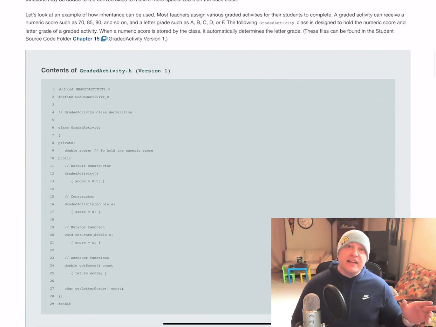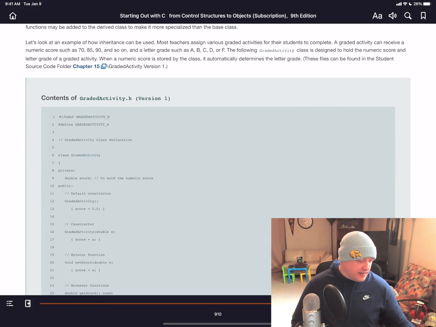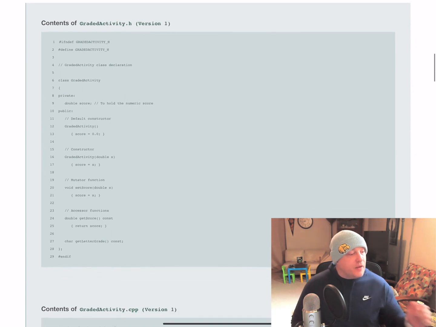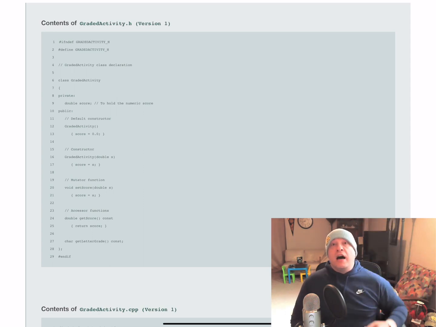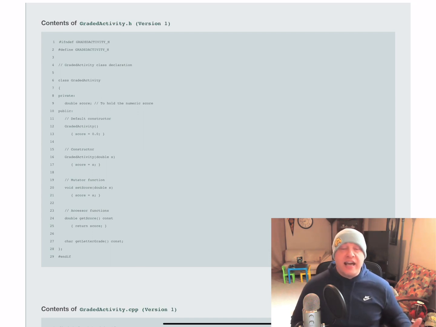So here we have the idea of a graded activity, and this is on page 910. The graded activity is going to be the topmost in our hierarchy of inheritance. It is going to be the class from which all other classes are derived. And a graded activity has mutators. They have setters for things like the name of the activity and the number of points in the activity.